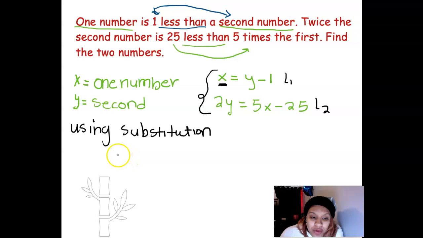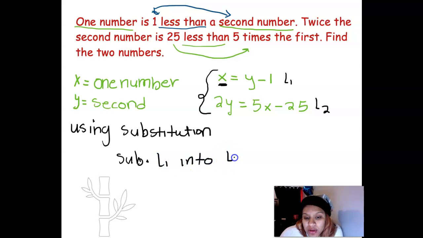So it will look something like this: 2y equals 5 times something minus 25. That something is y minus 1.